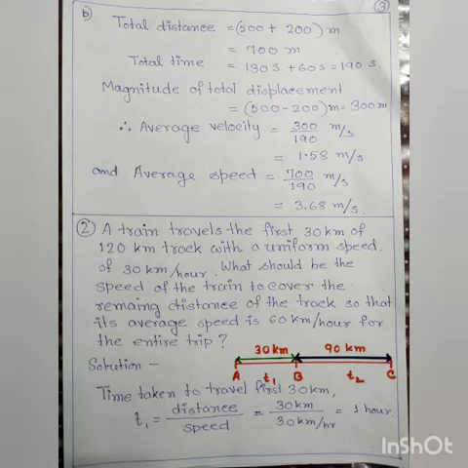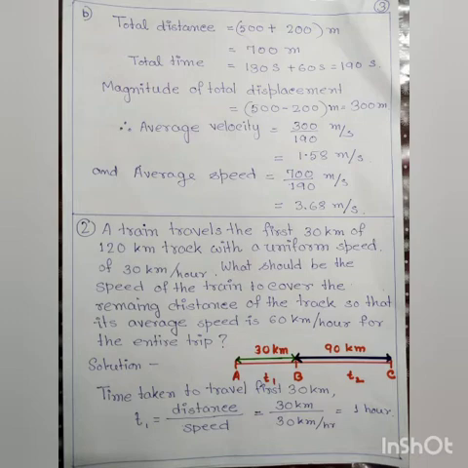So now let us consider the time taken to travel the first 30 km is equal to t1. Now which formula will we use? We will use speed equals distance by time. If speed equals distance by time, listen very carefully, then time will be distance by speed. Clear?